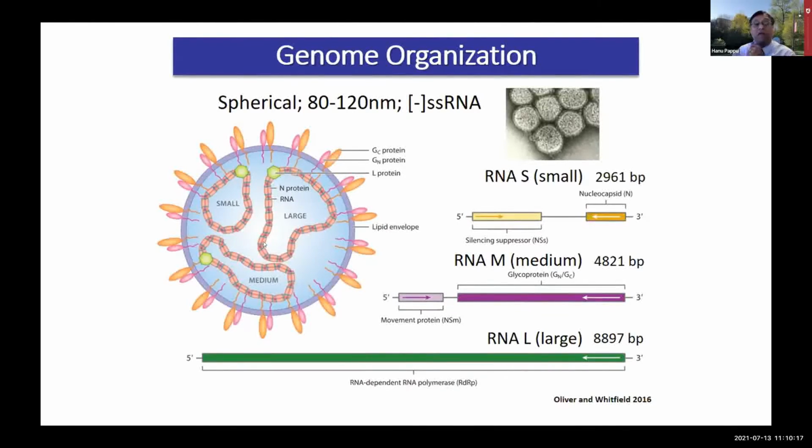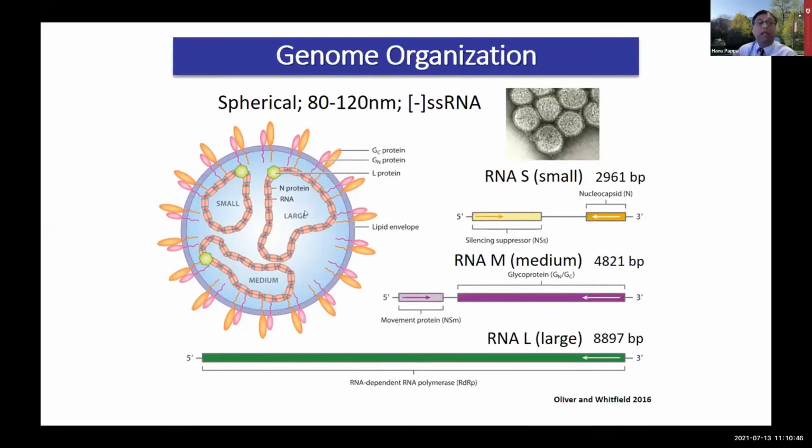Like most plant viruses, the virus codes for a replicase gene, and the medium RNA codes for a structural protein that forms the glycoprotein envelope, and also codes for a movement protein. The small RNA codes for a nucleocapsid protein, which is unique for this group of viruses, and this nucleoprotein tightly binds to each of the RNA molecules.